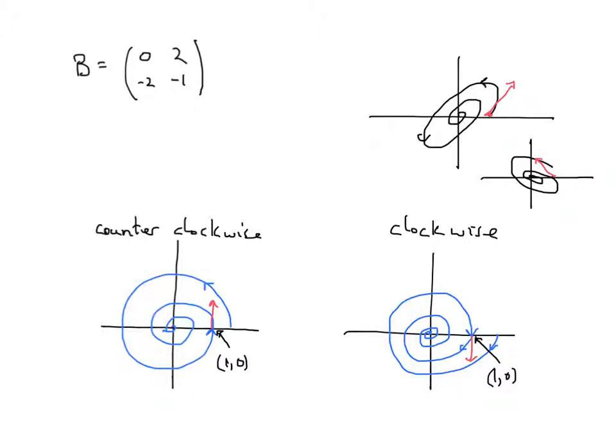Similarly, in a clockwise manner, the one consistent thing is that the y component will be down. The x component might be a little to the left, might be a little to the right, but the y component will be negative. And so I simply pick 1, 0 and see what it tells me. I do the matrix multiplication, and this is a nice case because it'll be very clear.